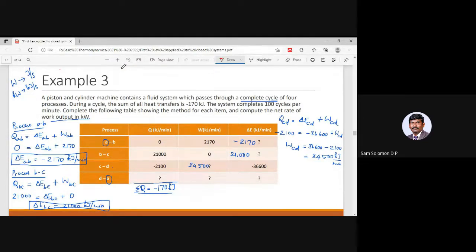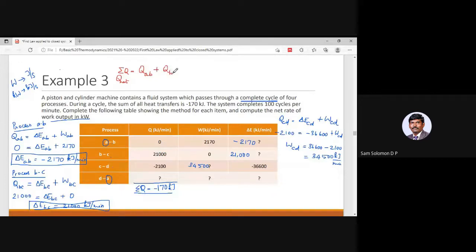Okay, I'll write it so that after finishing summation of Q, I'll ask you. Okay, so summation of Q, or you can also write Q net, which means net heat transfer. This is nothing but adding all the terms QAB plus QBC plus QCD plus QDA.